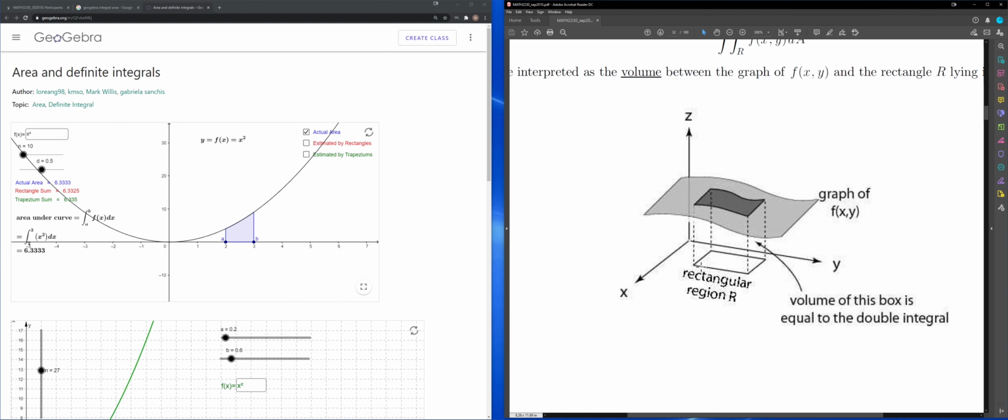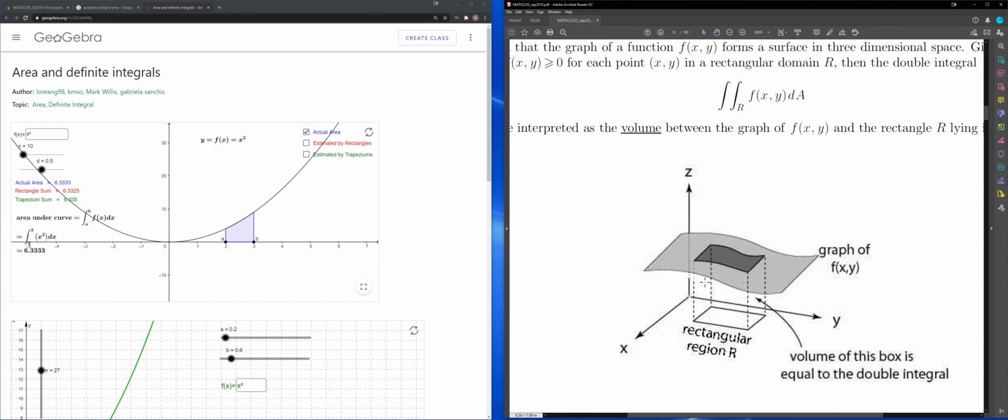Okay, so now I want to interpret my double integral. In your double integral, you're integrating a function of two variables, and you can graph it. When you graph it, you get a surface in three-dimensional space. Then when you're doing a double integral, you're integrating over a region R in your xy plane.